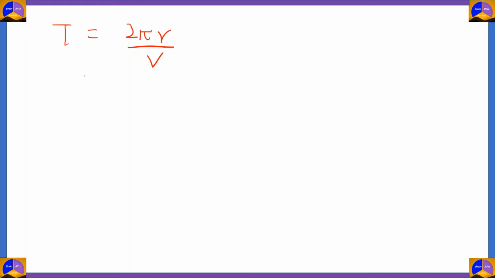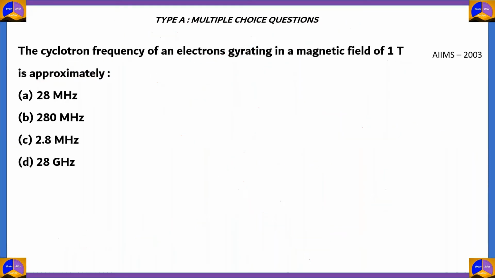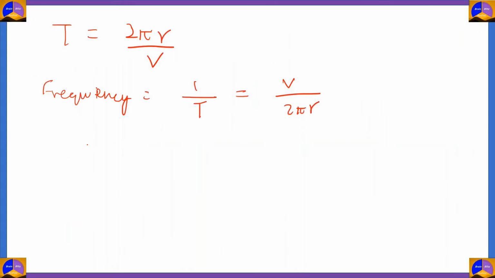Now, the question is asking us to find frequency. So frequency is 1 by time period. That'll be equal to v by 2 pi r. So that is what we should be calculating. Let's calculate the frequency, and let's give it a symbol, say n. So n is equal to v by r times 1 by 2 pi.